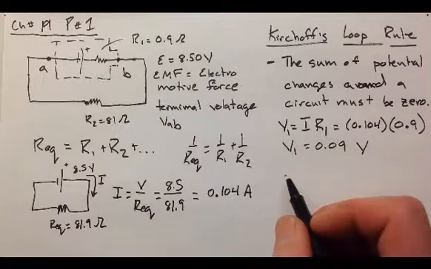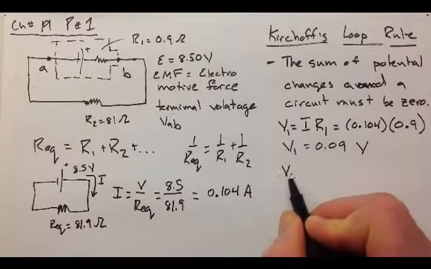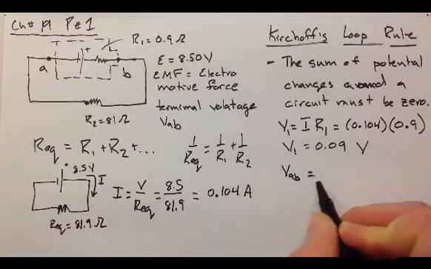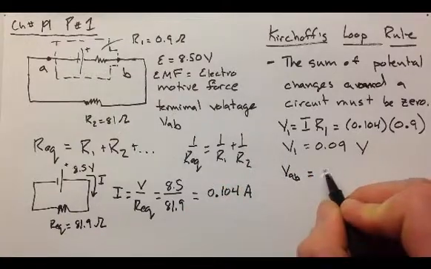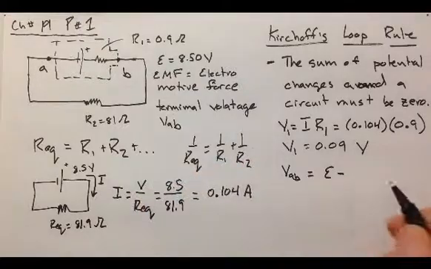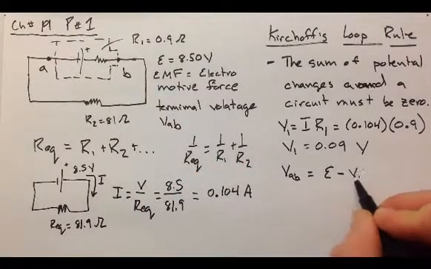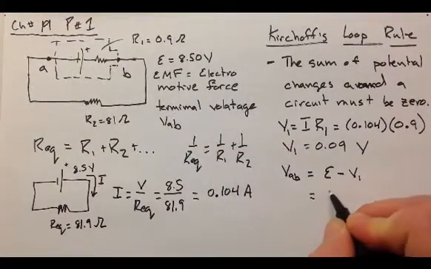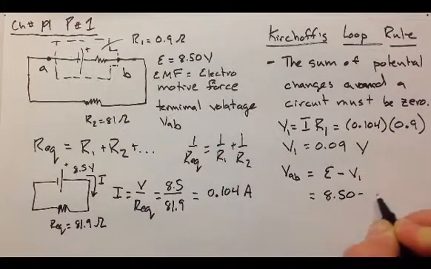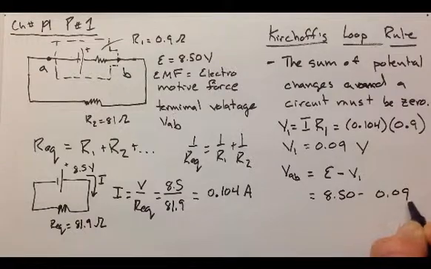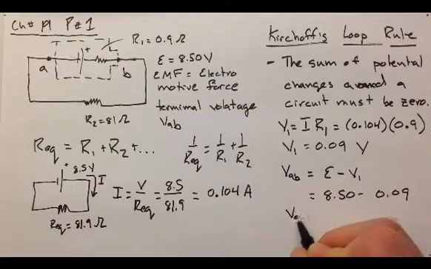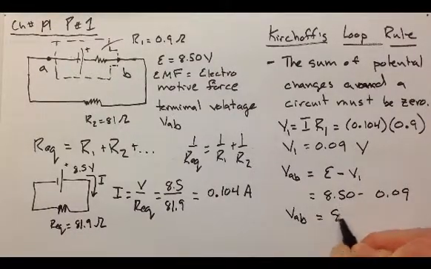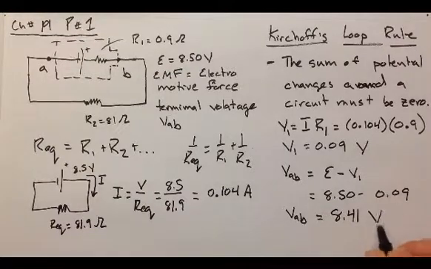My terminal voltage, or the voltage between A and B, would be equal to my perfect voltage, or my EMF, minus the voltage drop across that internal resistor. In other words, 8.50 minus 0.09, so the terminal voltage would be 8.41 volts.